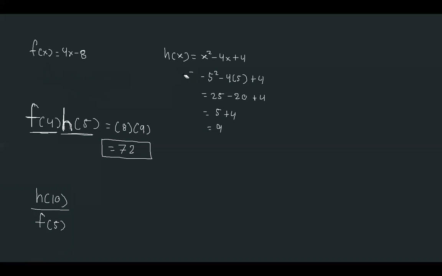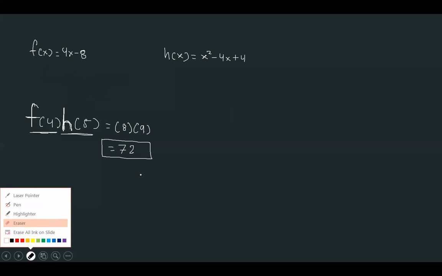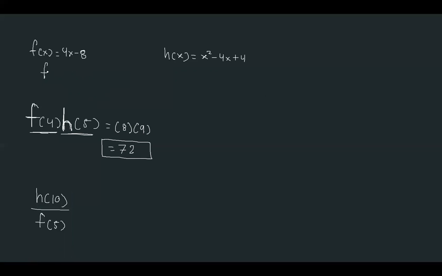Wait, hold on. Okay, so yep, let's find f of 5. You're going to substitute 5 for the x. So you're going to have 4 times 5 minus 8. So 4 times 5 is 20, minus 8 will give you 12.